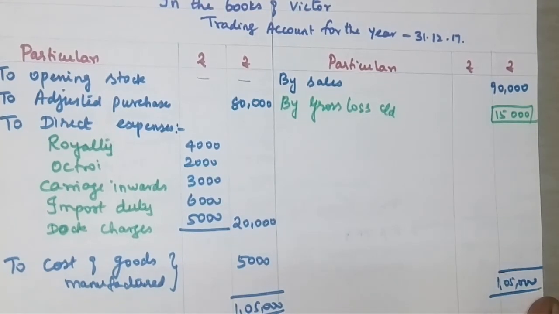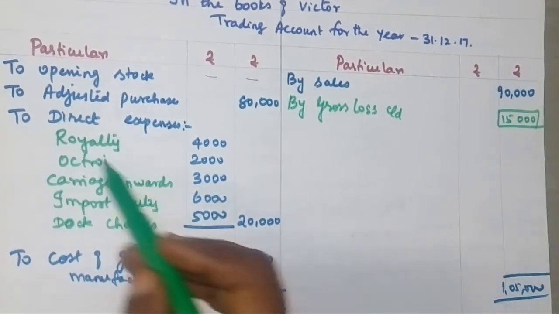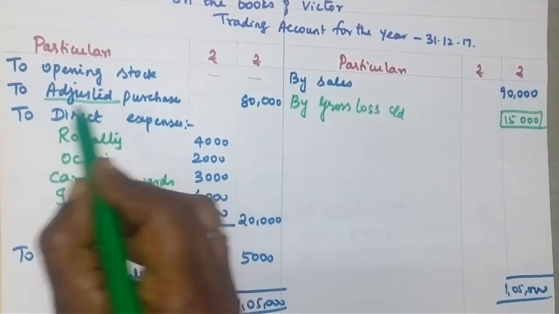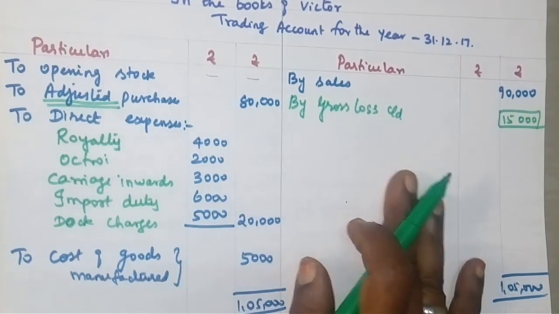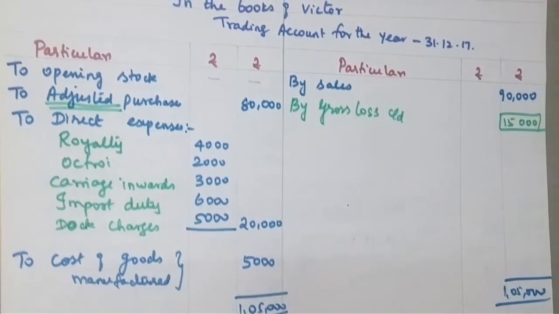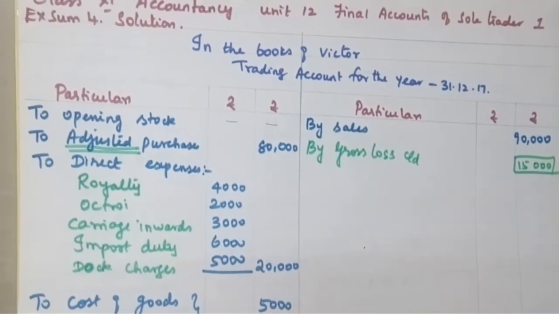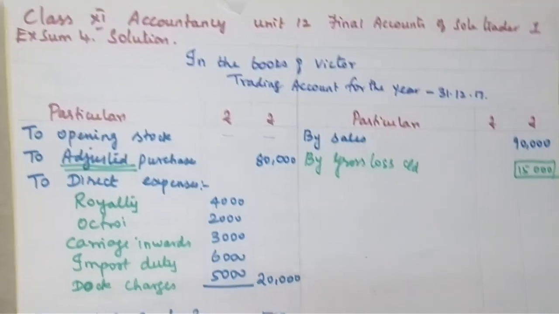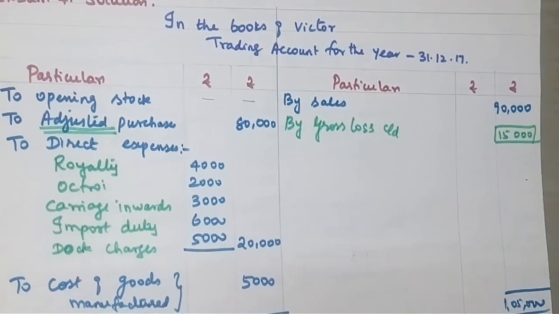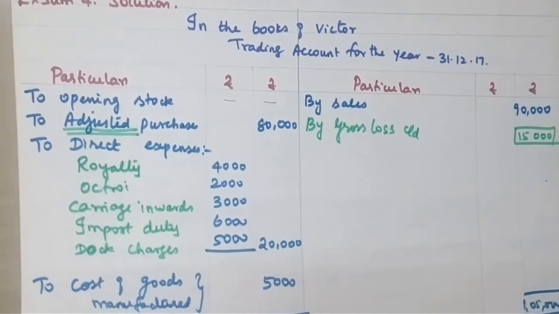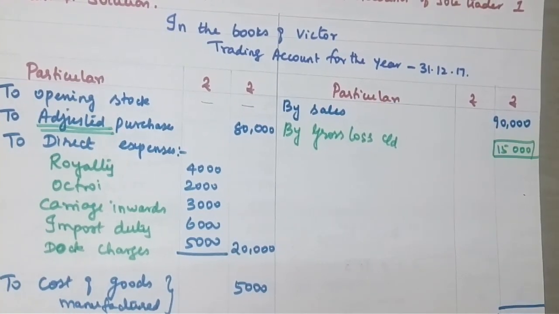So in this sum what we have to focus on is this adjusted purchases. If adjusted purchases is given, we are not supposed to write the closing stock because they have adjusted it in the trading account. Okay, so this is the solution regarding exercise sum number 4, gross loss 15,000. Okay, hope you are clear with this. We'll meet you in the next video with exercise sum number 5 and 6.